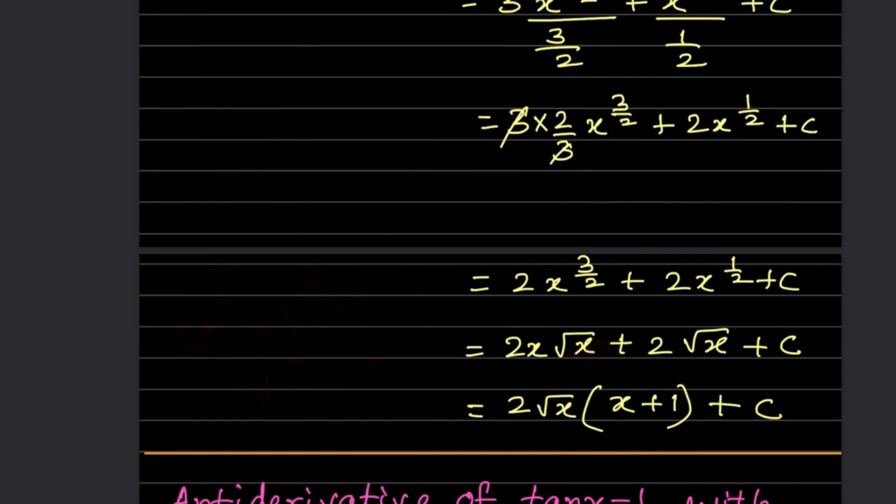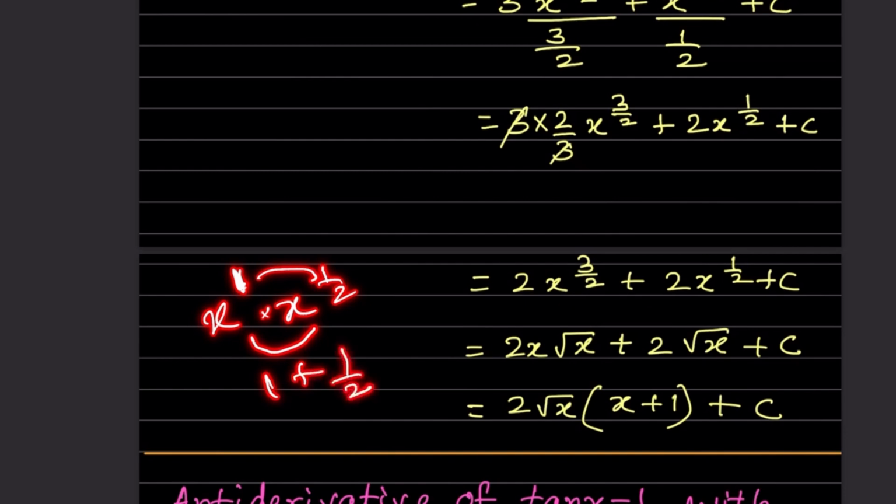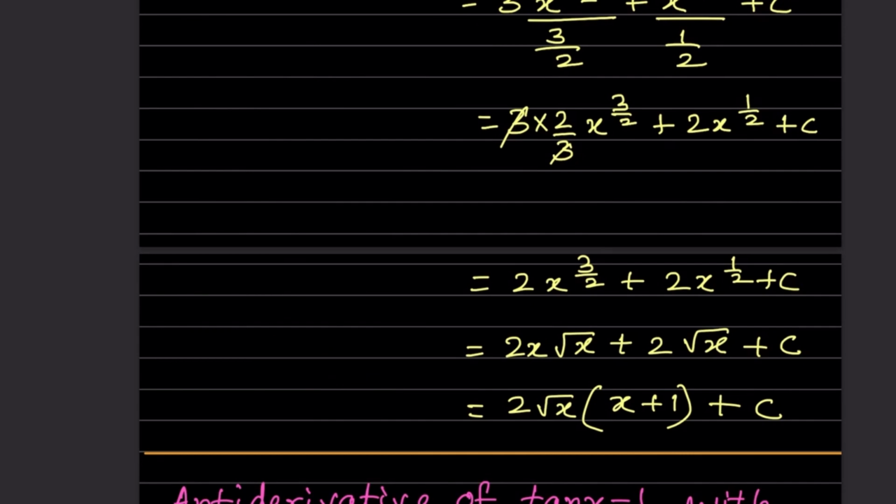So whenever we write x, this is actually x raised to 1. So in exponents we have seen that when the base is same, the powers should be added whenever there is multiplication. So 1 plus 1 by 2, that is going to be 3 by 2. So for x raised to 1 by 2, we can just write here root of x.